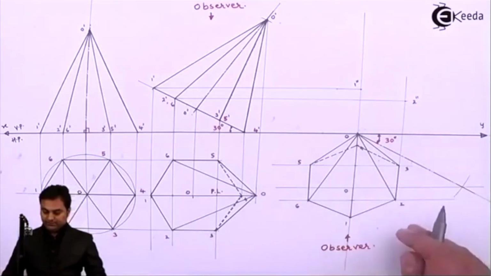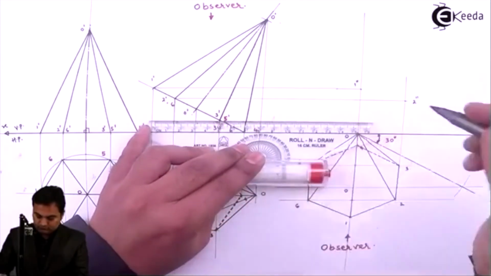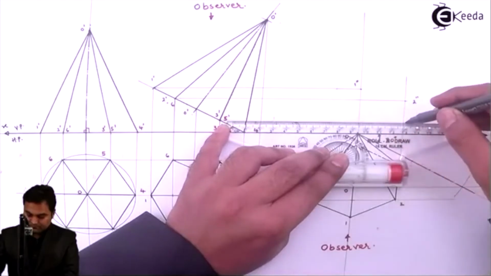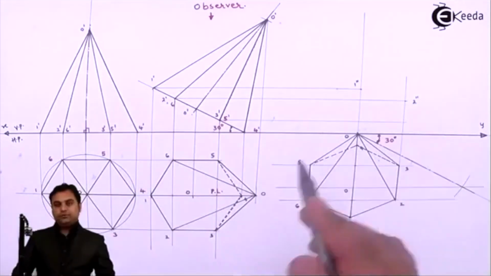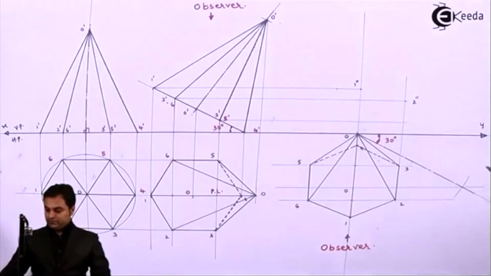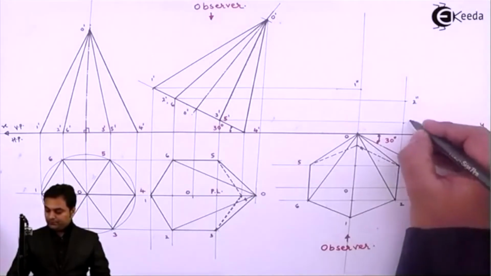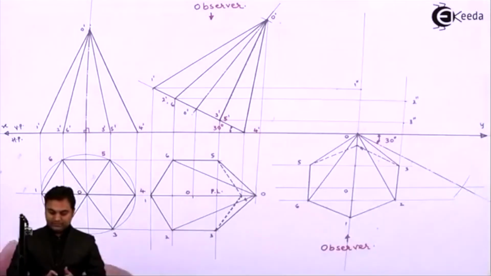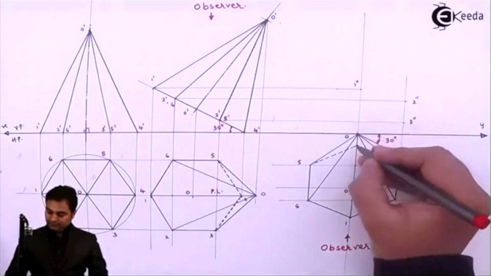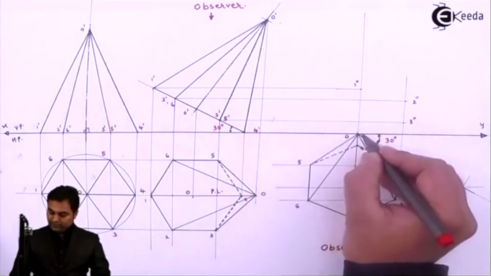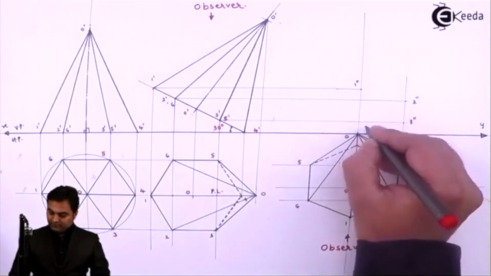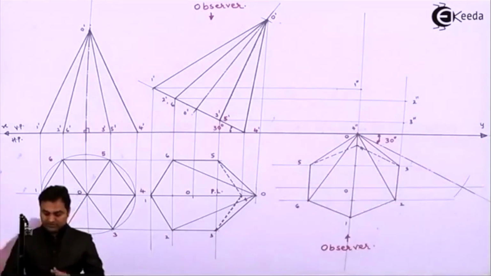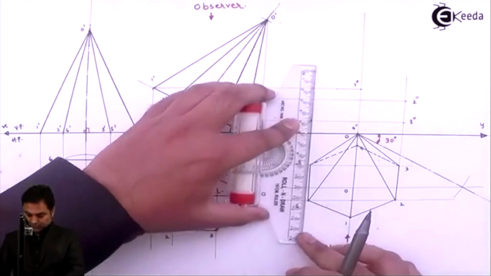Next, for point 3, projecting it light, where 3 dash and point 3 intersect, that gives me the point 3 double dash. Point 4 is on the same line, and here if we see point 4 and 4 dash where they intersect, that will give me the point 4 double dash. 5 and 6 are on this same line.